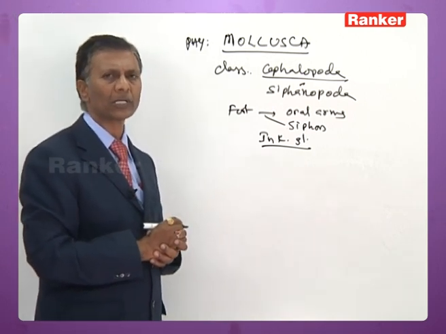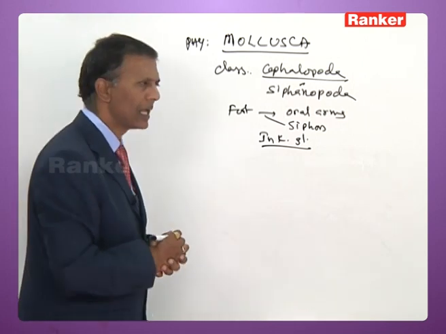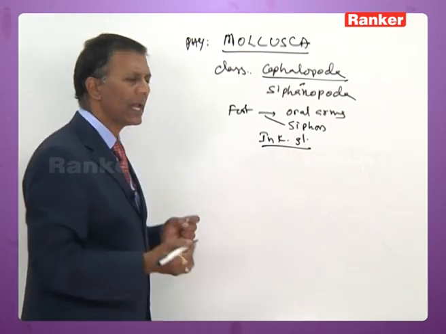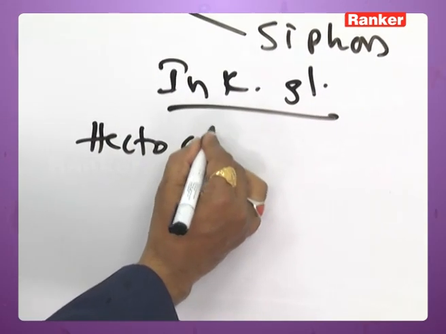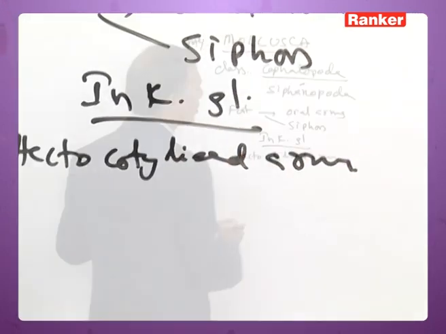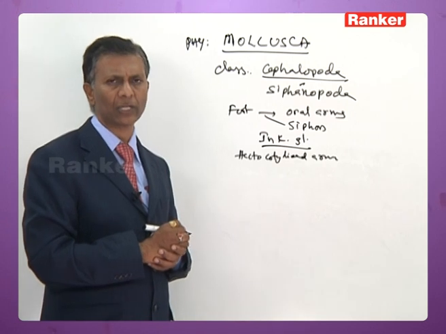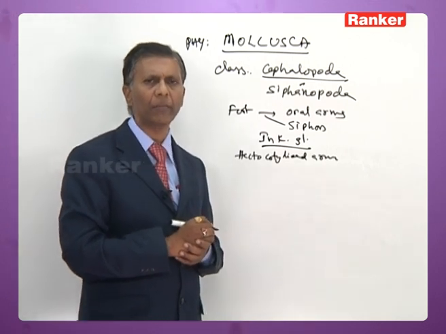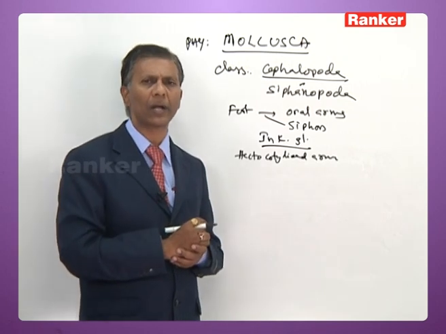Cephalopods are all unisexual. In some cuttlefish and devilfish, one of the arms is called the hectocotylized arm.